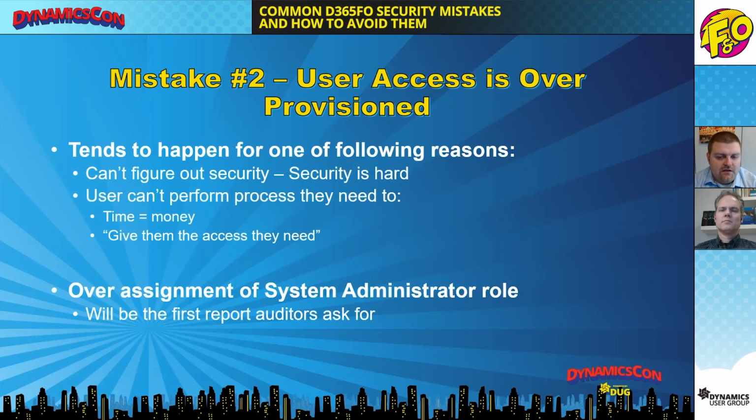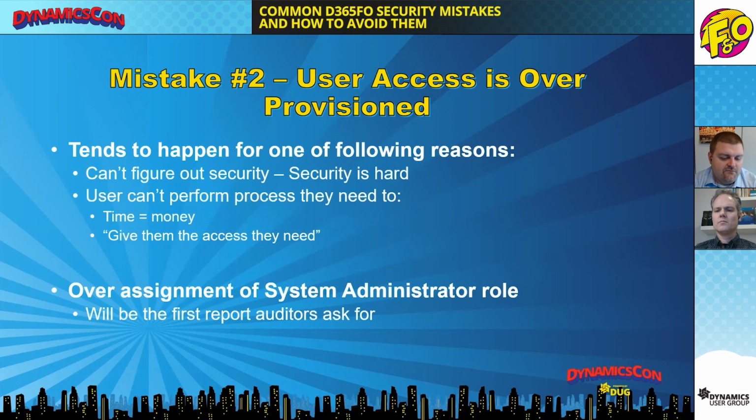And so especially if you're dealing with after go live, if a user can't perform a particular process, each second, each minute that they don't have that access or that they're waiting on that, is money that your organization is potentially losing. And so when you have that relationship between time and money, with users waiting on access, it's very easy to hear the phrase, just give them the access that they need, right?